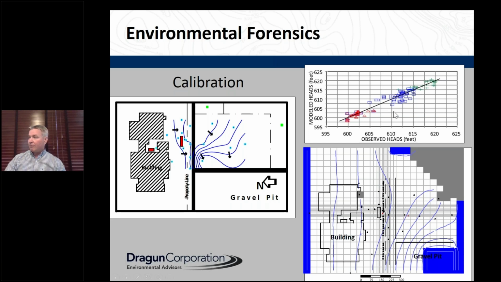And so that graph you see with the line going diagonally upwards, that would be a perfect match if all the dots fell right on that line. And you can see that they're fairly close. We also used some statistical analysis to compare the modeled heads to the observed heads in an even more objective way, and usually compare that to our calibration targets that are set up for the modeling effort.